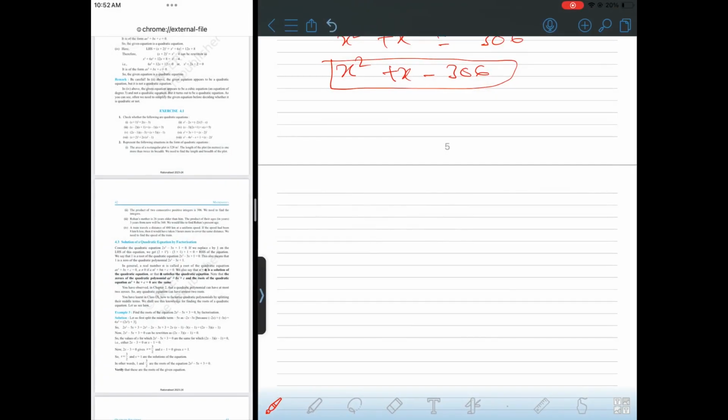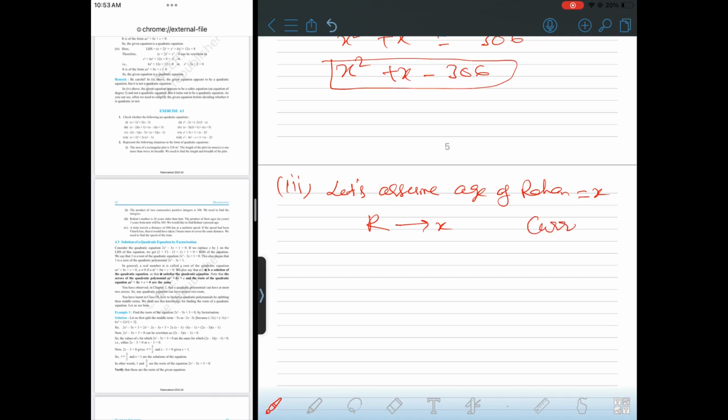First, we will assume the age of Rohan equal to X. So age of Rohan is X, current age.